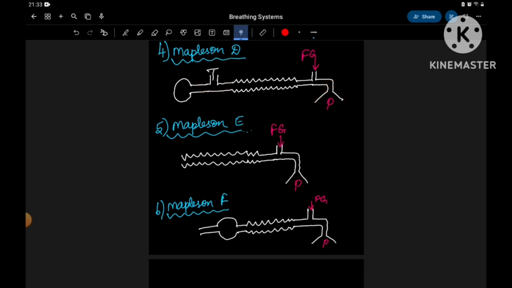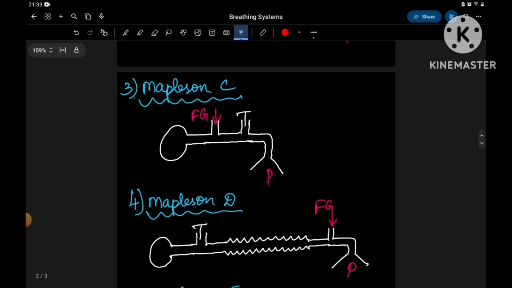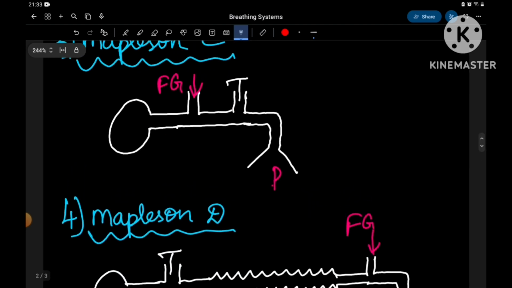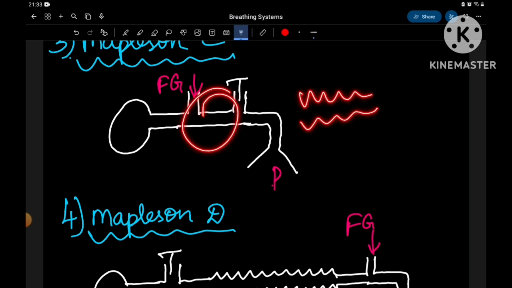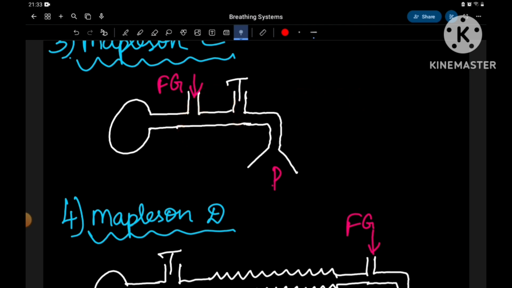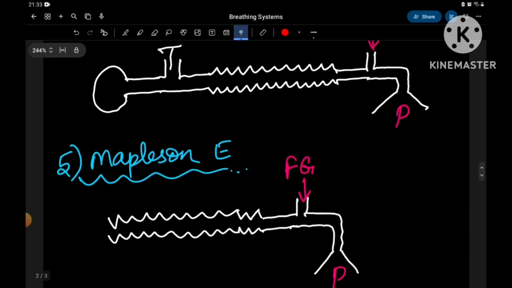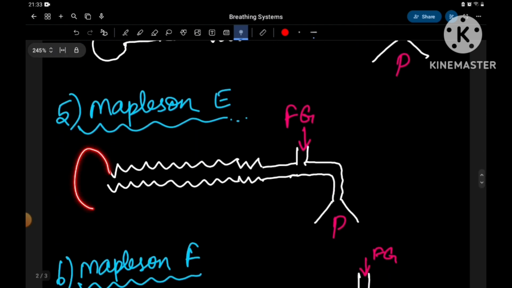And in MAPLESON circuit C, you can see that there is no corrugated tube. It is absent, right? So these are the features. And in MAPLESON circuit E, there is no reservoir bag.